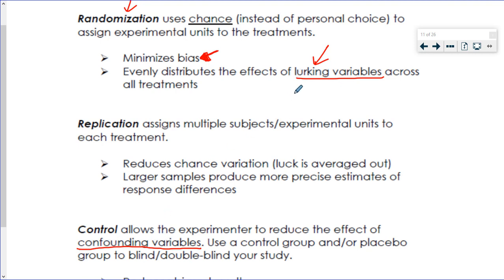Well, first off, it's something else that's having an effect on our experiment that we didn't plan for it to have an effect. It's not part of our study. It's something else that's affecting what's happening. The only difference between whether it's lurking or whether it's confounding is whether or not we recognize it and include it in our study.